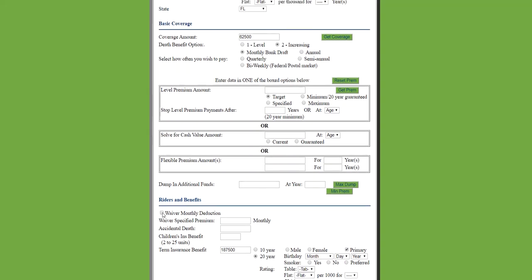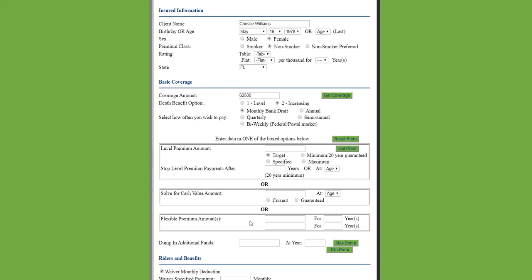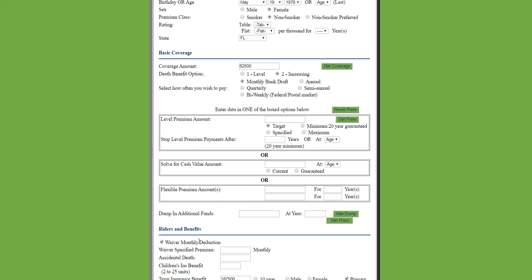I'm going to add the waiver of monthly deduction right here, because it is so inexpensive that a lot of times it's easier just to tell the customer it is included with that policy. At the age of the customer, born in 1978, the waiver is going to be so inexpensive per year that it is just the best thing for the customer.